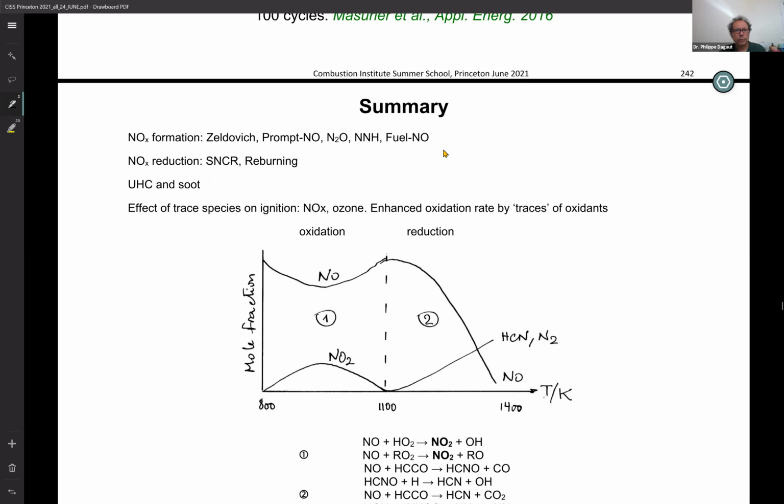And we could see that when we are blending conventional fuels with biofuels, there can be some positive or negative effects. So in terms of PAH, most of them are probably interesting in terms of PAH reduction.